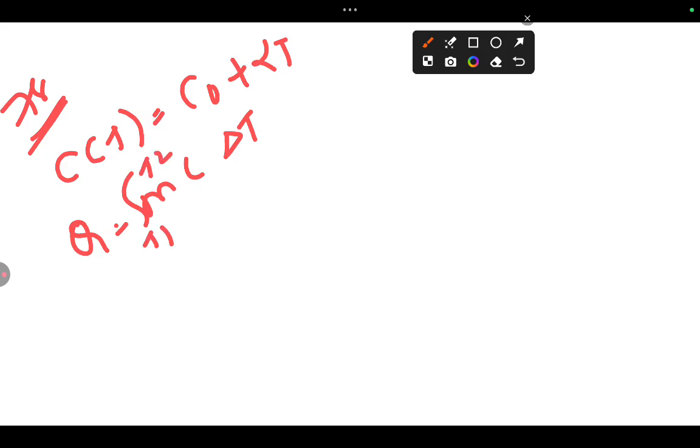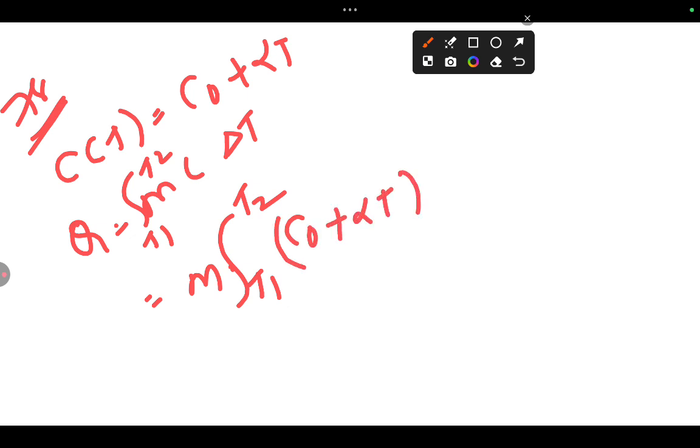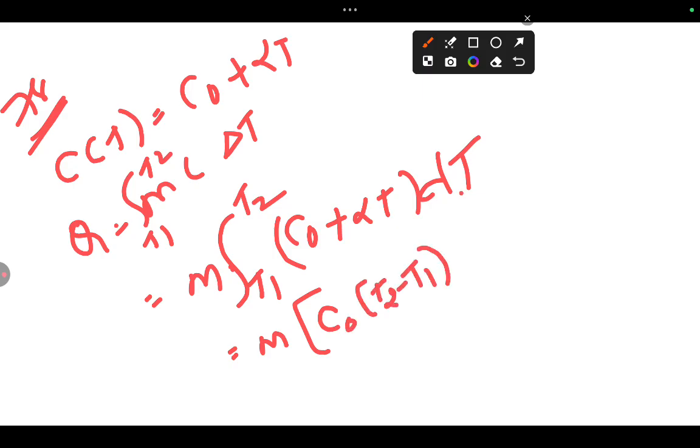Let us keep M outside, then go with the integration from T1 to T2 of C naught plus alpha T dT. So we get M times C naught into theta 2 minus theta 1, plus alpha by 2 into T2 square minus T1 square. So like that we will get the concept.